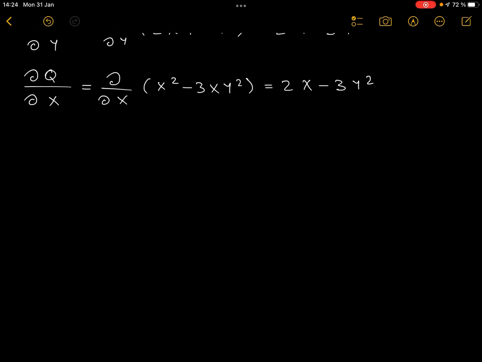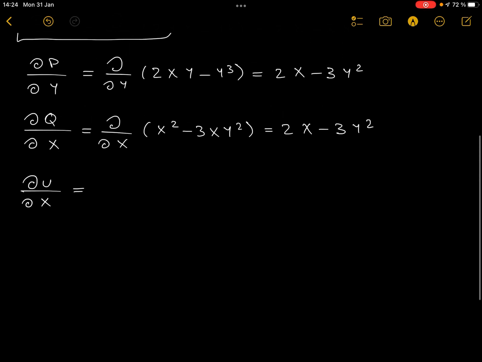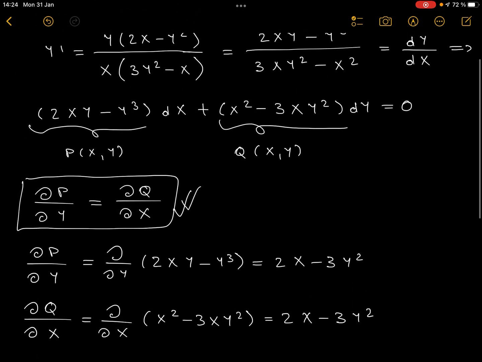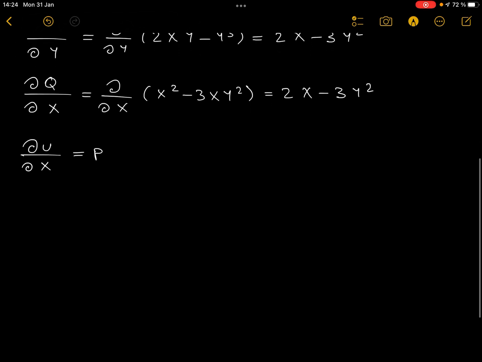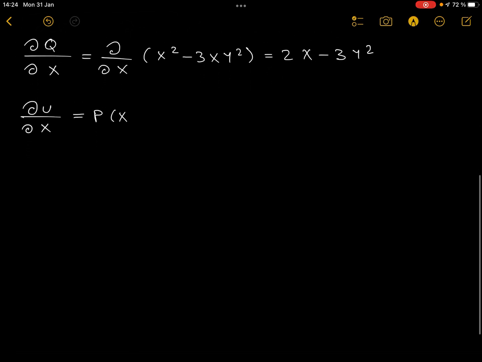The whole idea is that we are searching for a function, we'll call it u, such that its partial derivative with respect to x is equal to P of x and y, and whose derivative with respect to y is equal to Q of x and y.